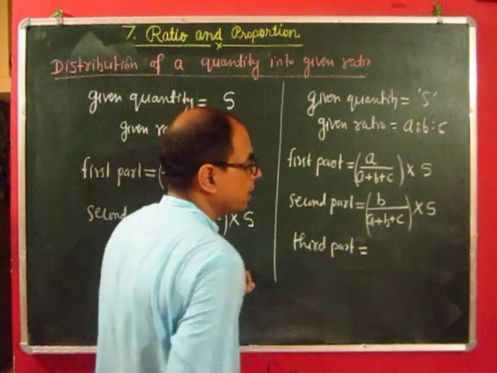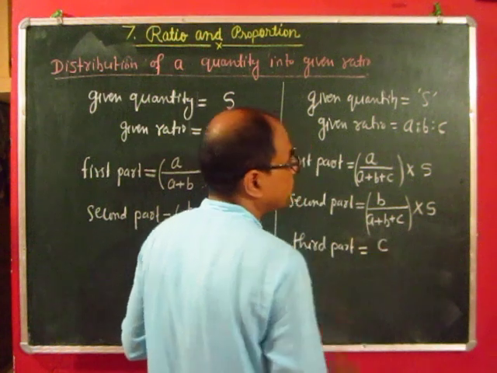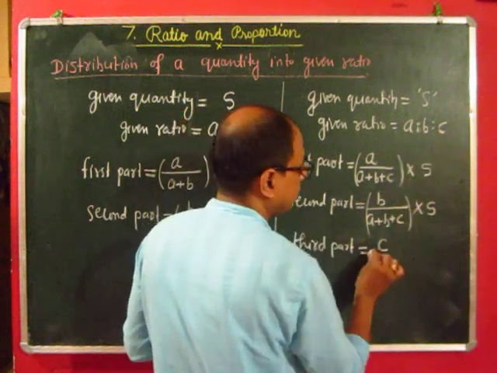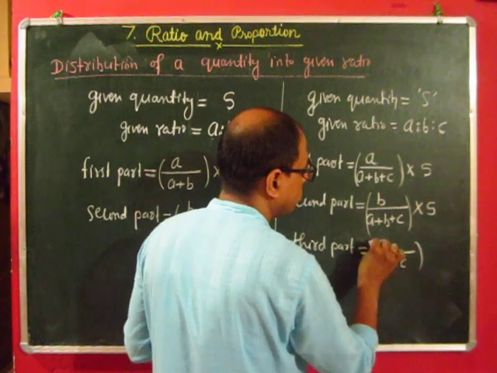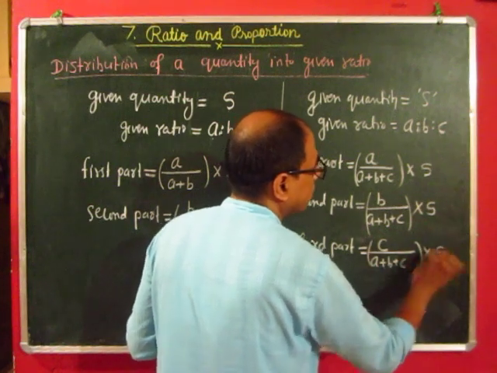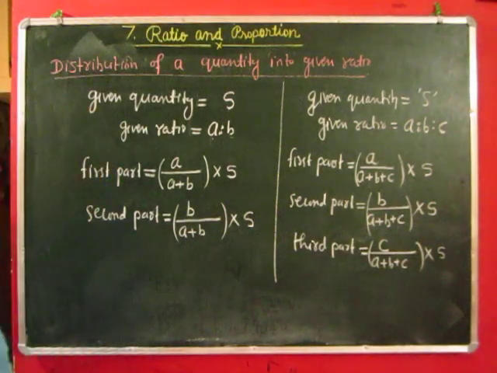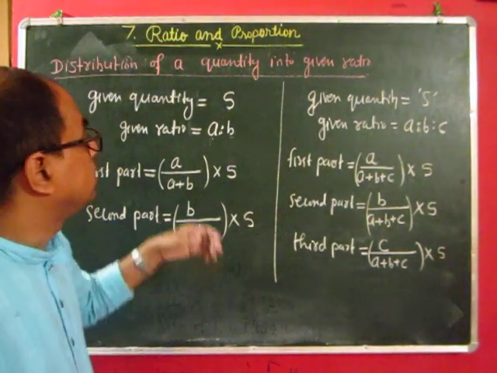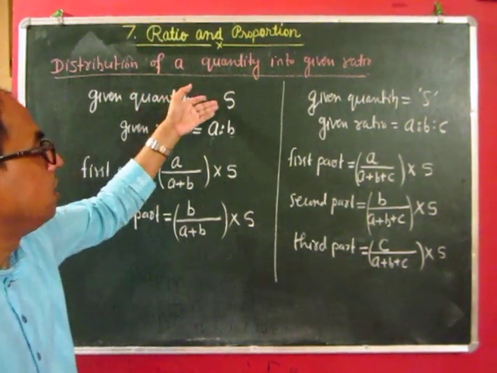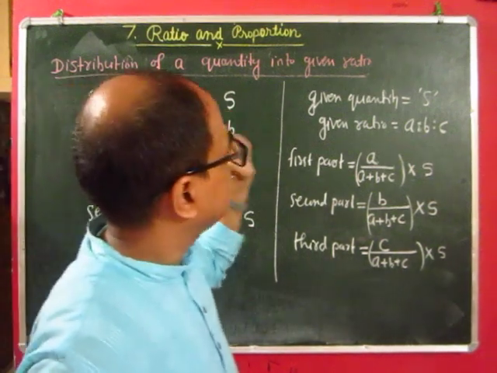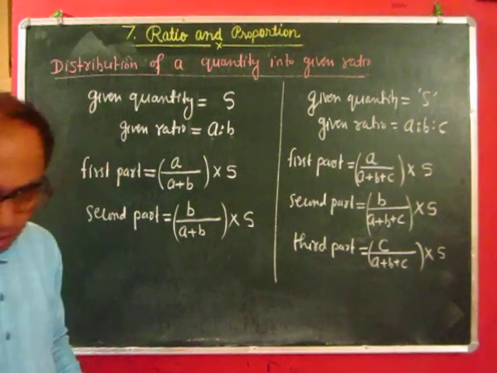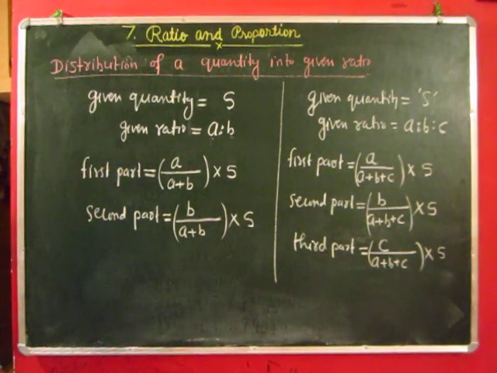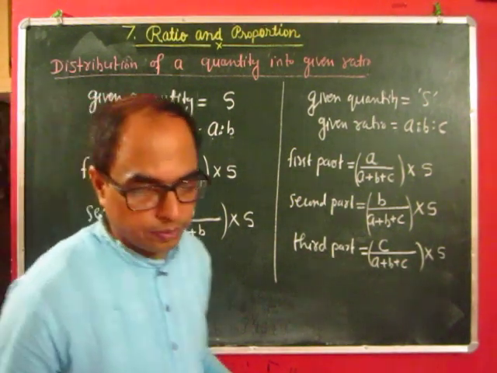Similarly, we write the term corresponding to the third part, that is C, divided by the total sum A plus B plus C, multiplied by the amount that we have to distribute. In this way we can distribute any quantity into two parts or three parts in the given ratio. Now we are going to discuss some questions based on it.